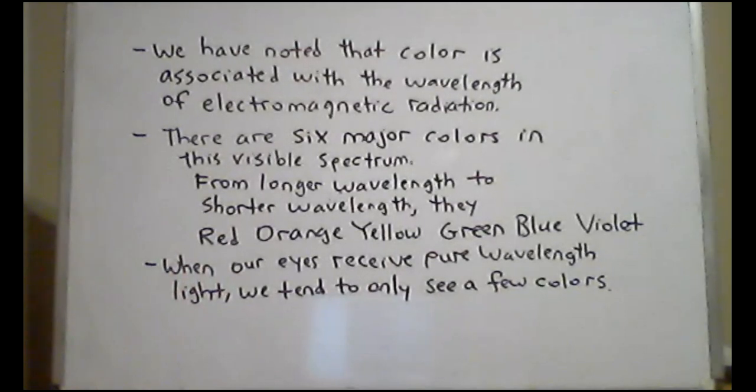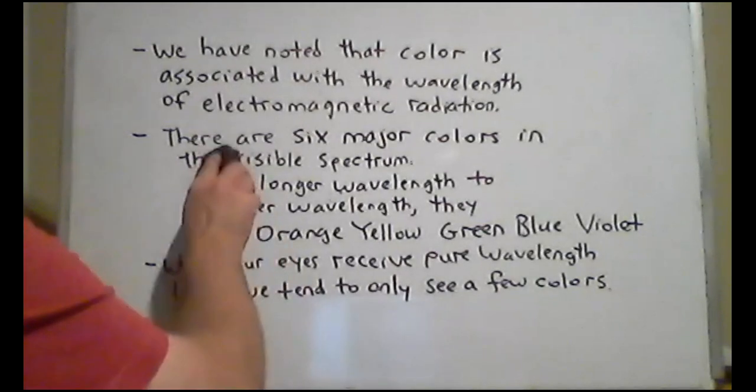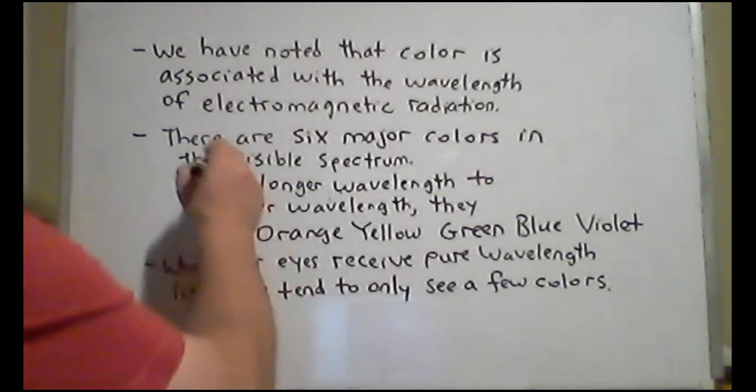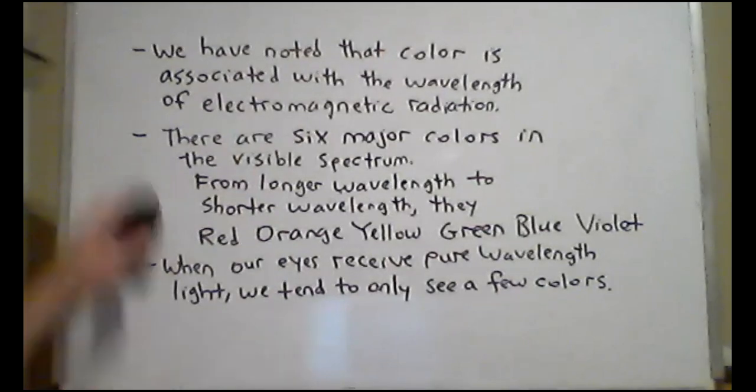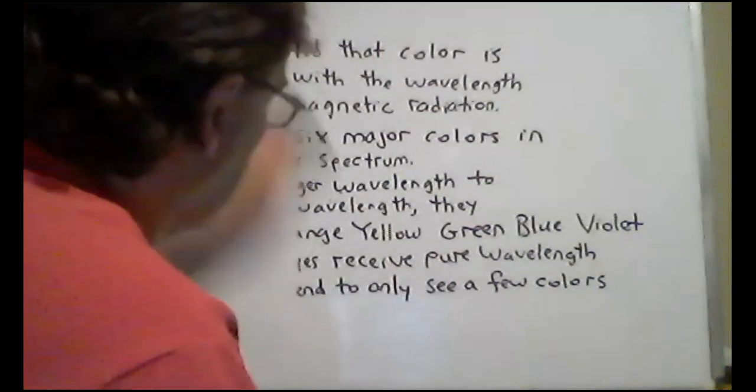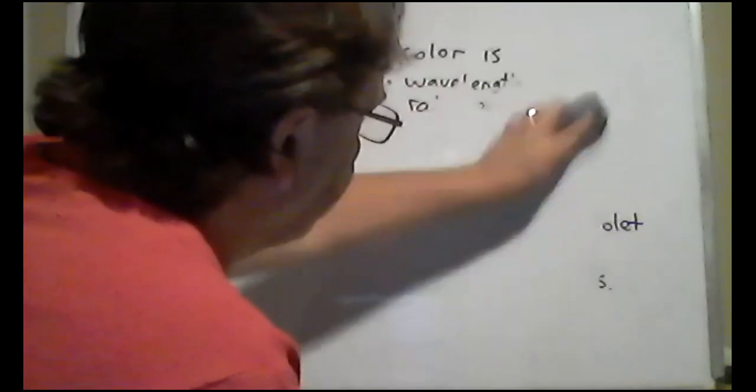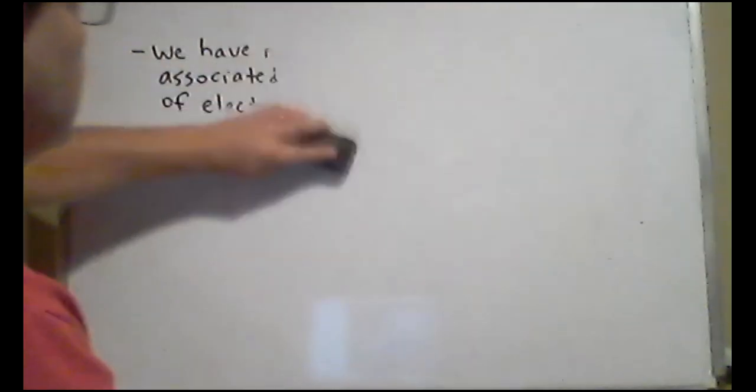There are 6 major colors in the visible spectrum, and from longer wavelength to shorter wavelength, they are red, orange, yellow, green, blue, and violet. We only see a few colors at any time. But there are thousands of other hues that we can perceive.